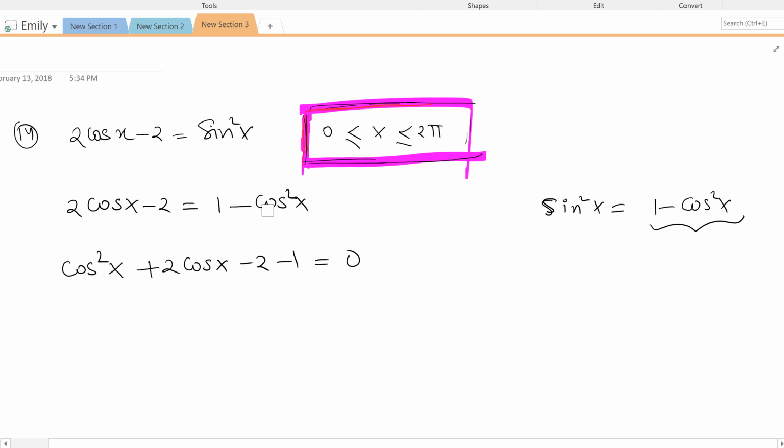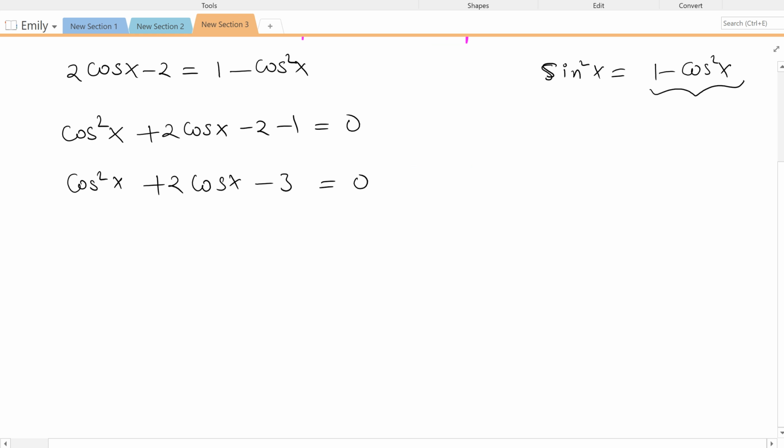So you move 1 and cosine squared to the left hand side. So we got that equation. Now you have to solve it as we solve a quadratic equation. You can do a substitution, put cos x equals, let's say, y.